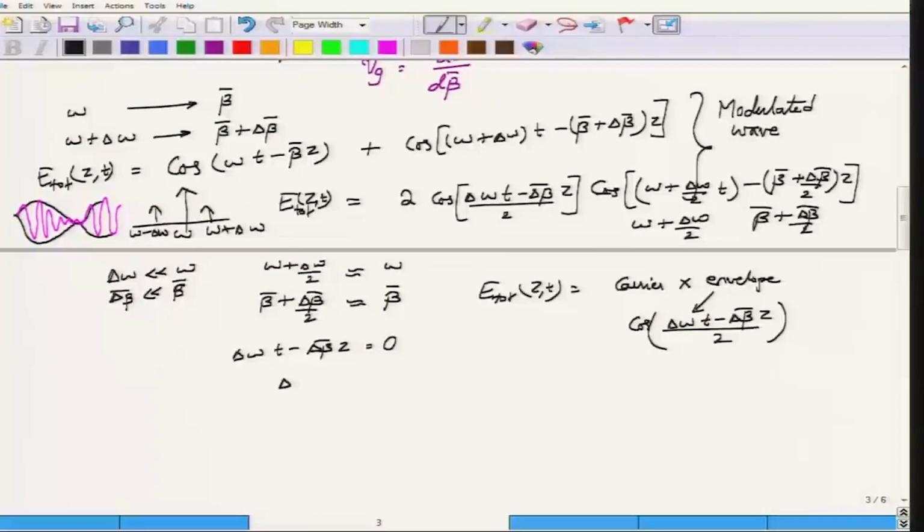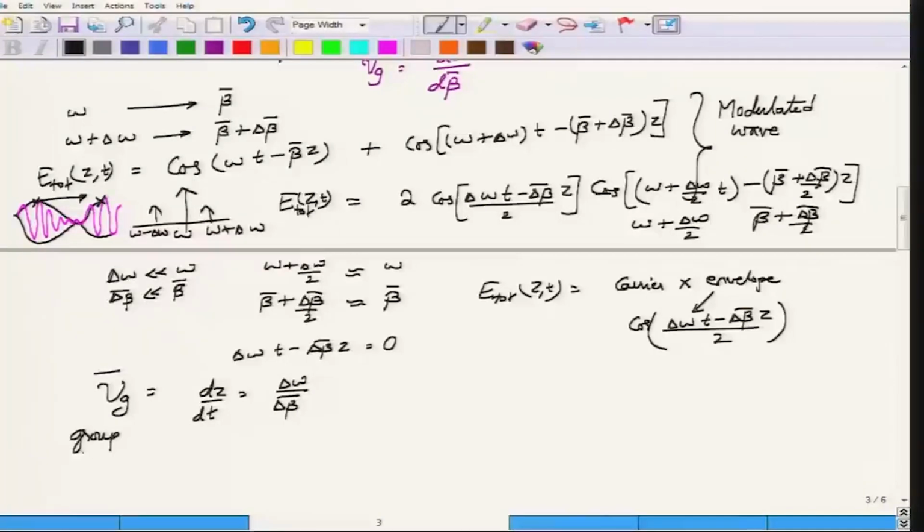So, I get delta omega by delta beta bar equal to dz by dt, which is now the phase velocity of the envelope. Please remember, this is a very different phase velocity we are considering. On one hand you have the phase velocity of the carrier itself, that is given by omega by beta bar, whereas you are now considering the velocity with which the constant phase point on the envelope moves, and this velocity of the envelope is called the group velocity.